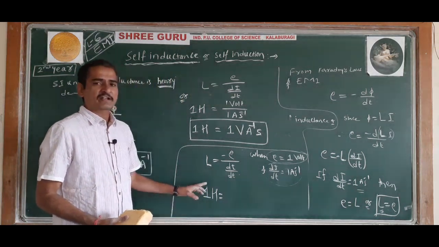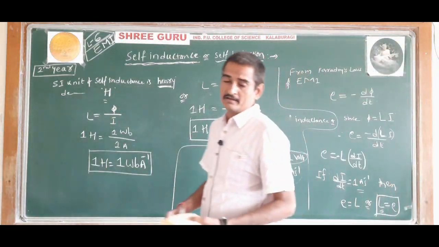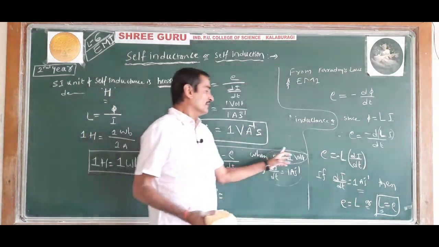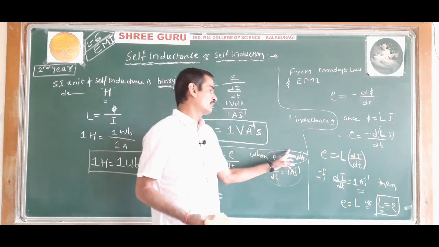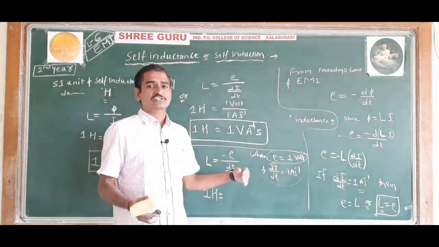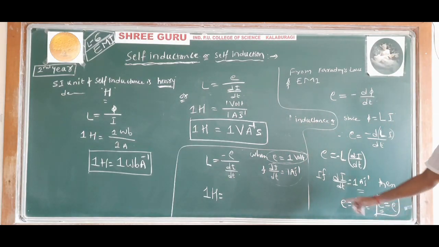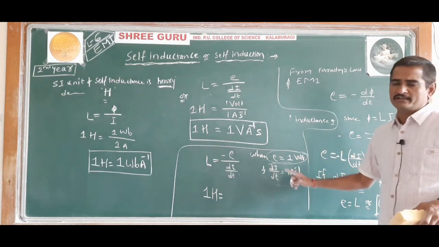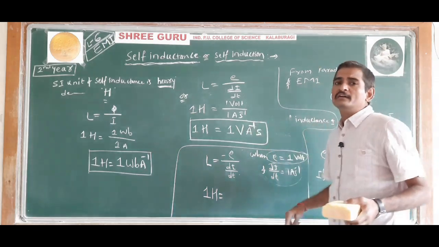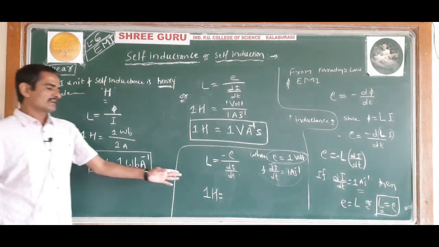Define unit Henry: the self-inductance of a coil is said to be 1 Henry when an EMF of 1 volt is induced in the coil due to the rate of change of current of 1 ampere per second. If 1 volt of EMF is induced in the coil, then the self-inductance of that coil will be 1 Henry. Understood? This is how we can define units.